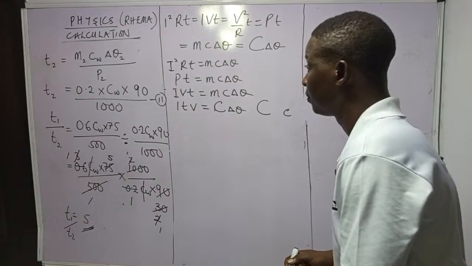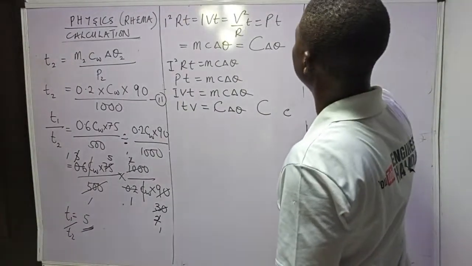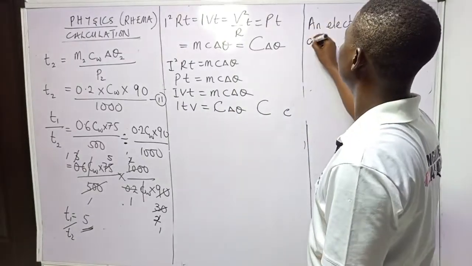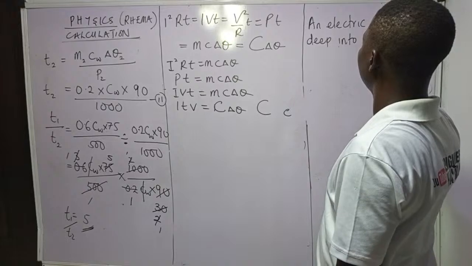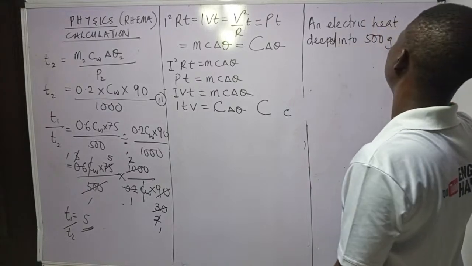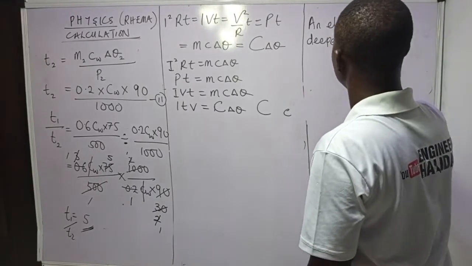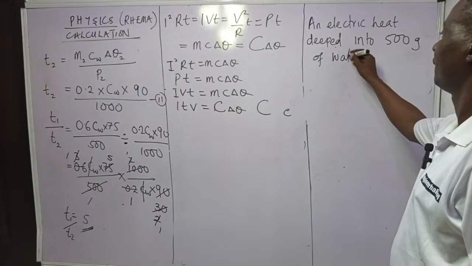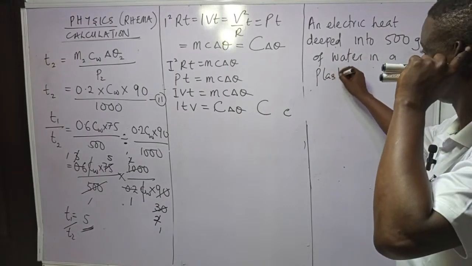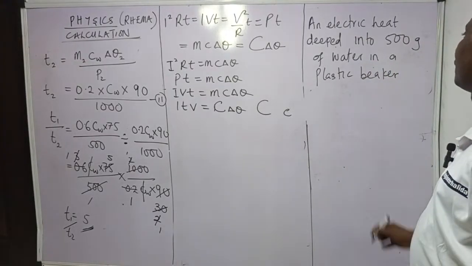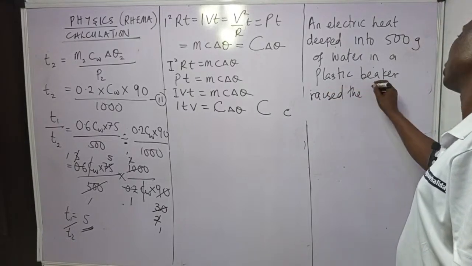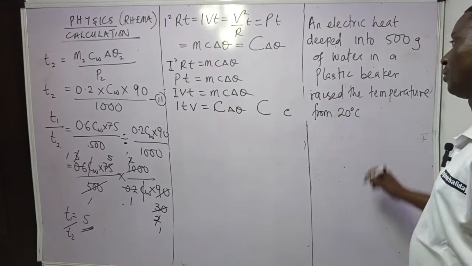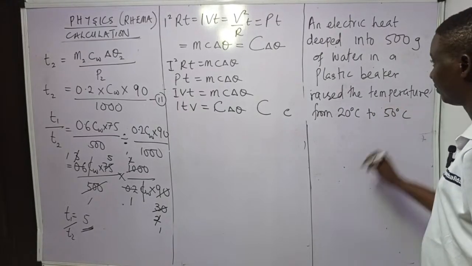Yes, the next question. An electric heater dipped into 500 grams of water in a plastic beaker raises the temperature from 20 degrees Celsius to 50 degrees Celsius in 3 minutes.